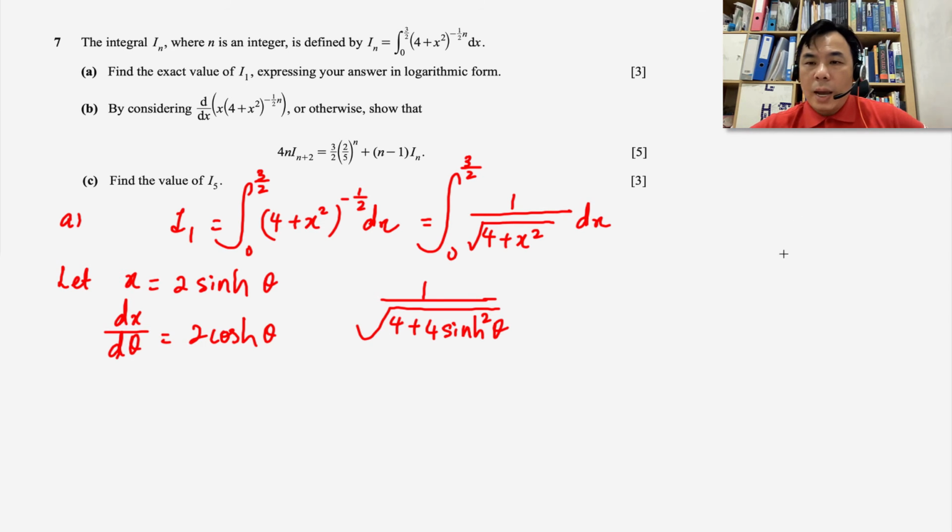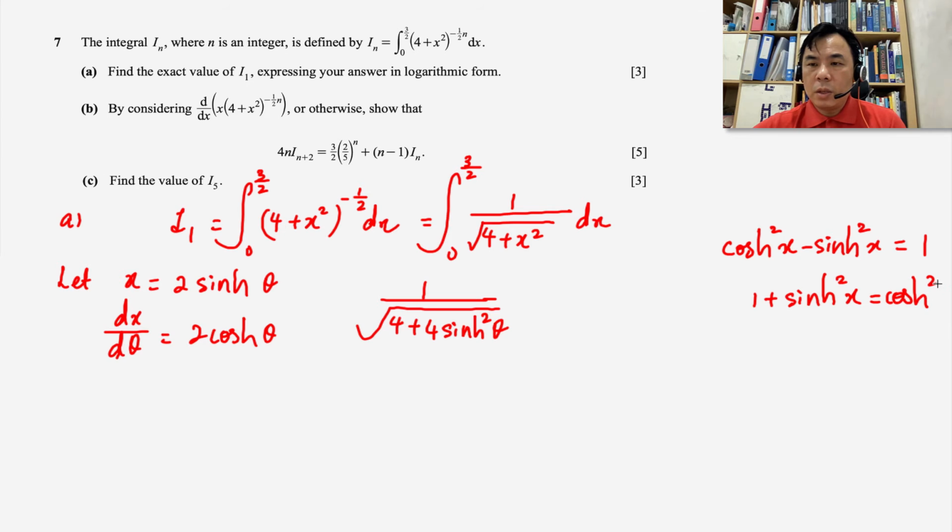From the identity, we notice that cosh squared x minus sinh squared x must be equal to 1. Therefore, 1 plus sinh squared is the same as cosh squared x. Now we're going to make use of that result over here.